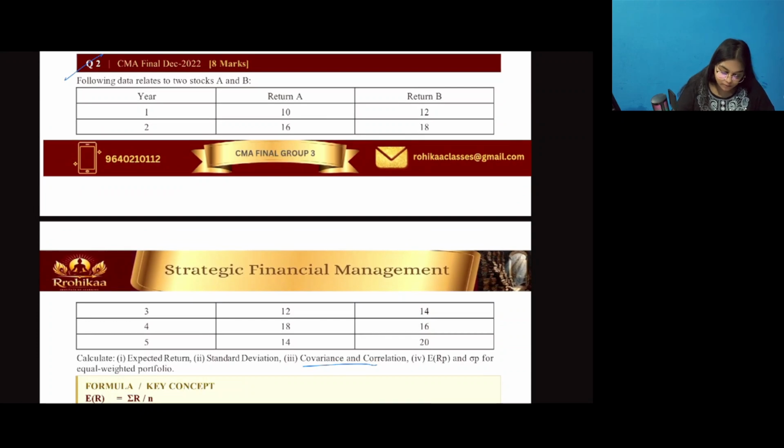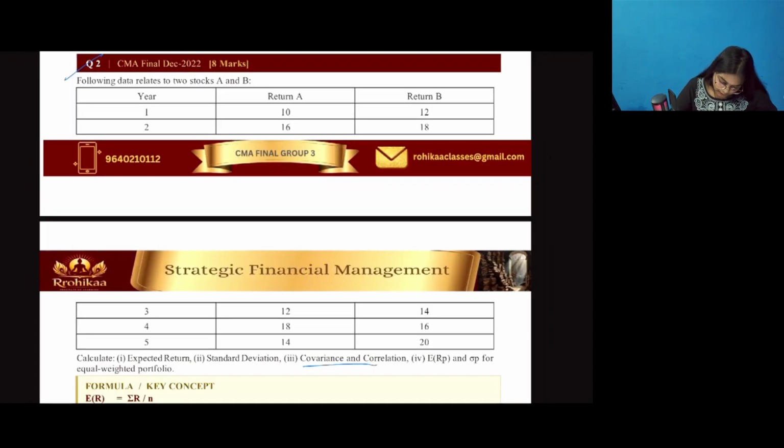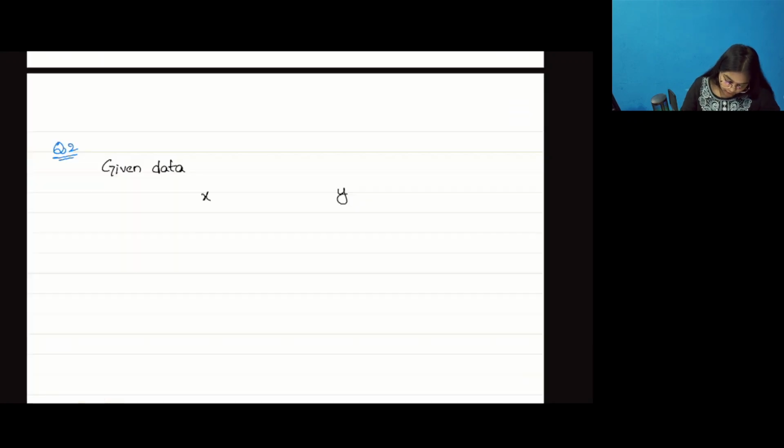Question number 2. Given data, x, y, 5 years of data they have given.